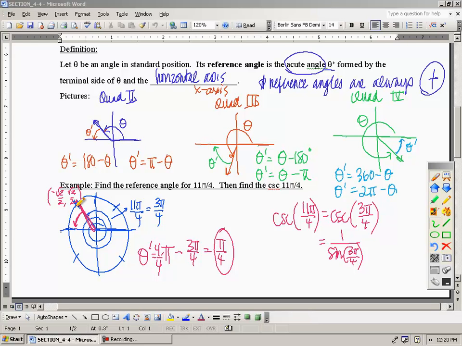And if I'm reciprocaling the sine, then I'm looking at 2 over the square root of 2, which I rationalize, and I get 2 square roots of 2 over 2, or just the square root of 2. Okay, it's a lot of stuff going on, but this is the idea. One, I'm coming back to this idea of coterminal angles, and then I'm using this reference angle to help me then evaluate one of the trig functions.